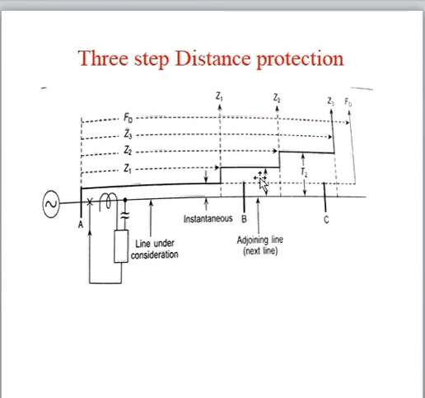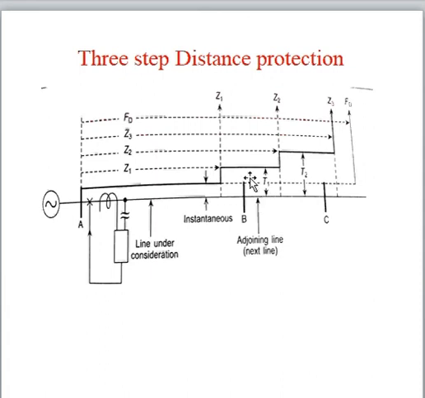If there is any fault, the relay under this zone will try to operate. If the fault is in the first zone, it will operate instantaneously.